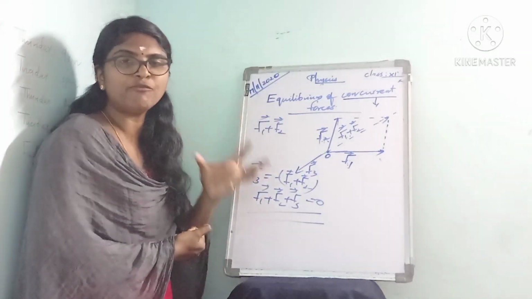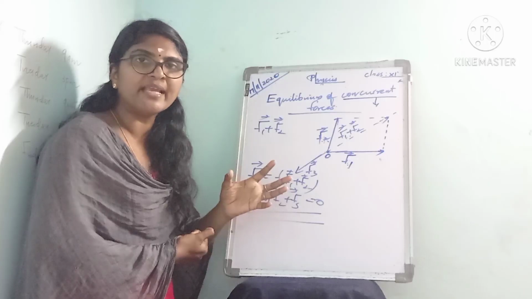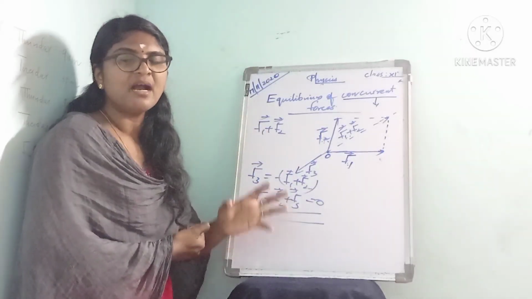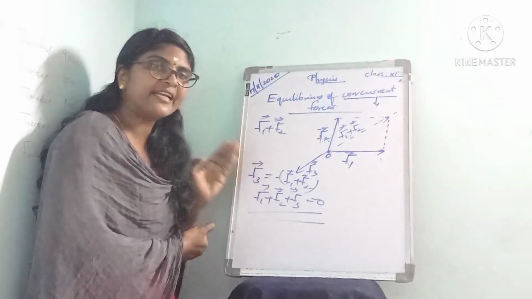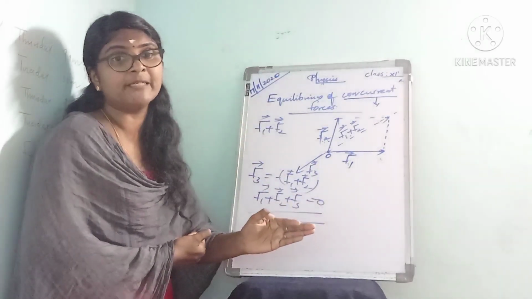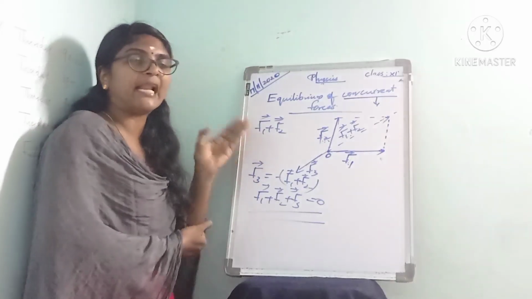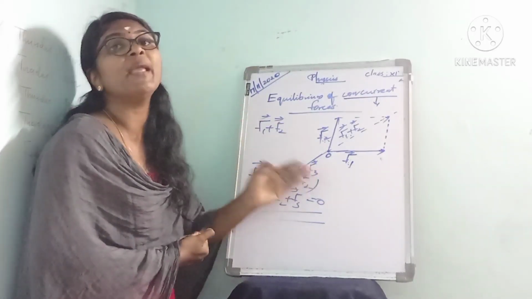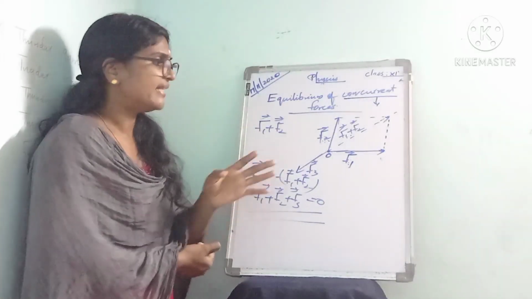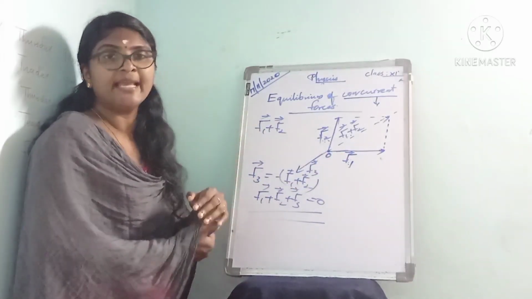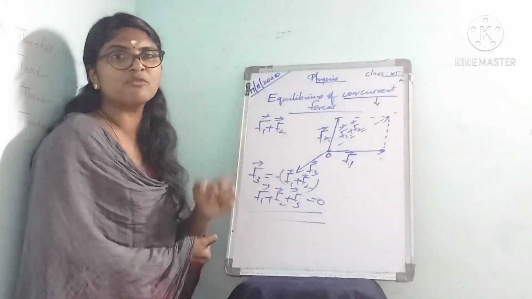When a number of forces act on a body at the same point and the net unbalanced force is 0, the body will continue to be in the state of rest or uniform motion along a straight line and is said to be in equilibrium.